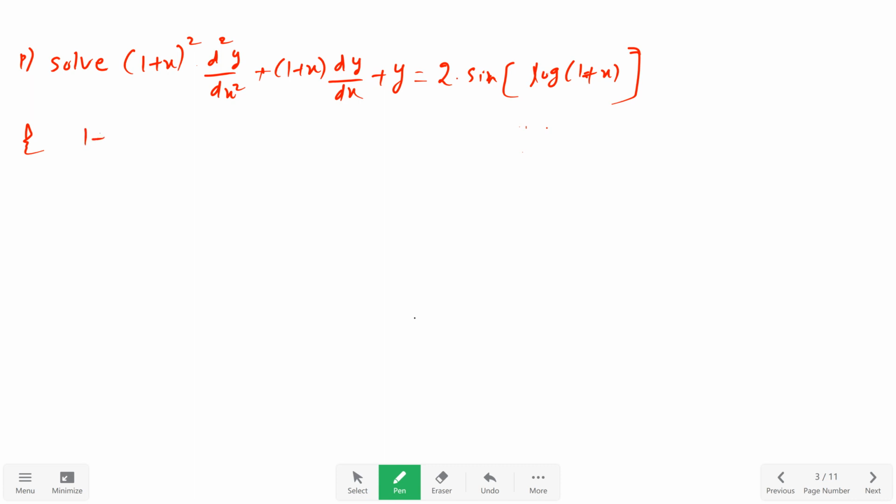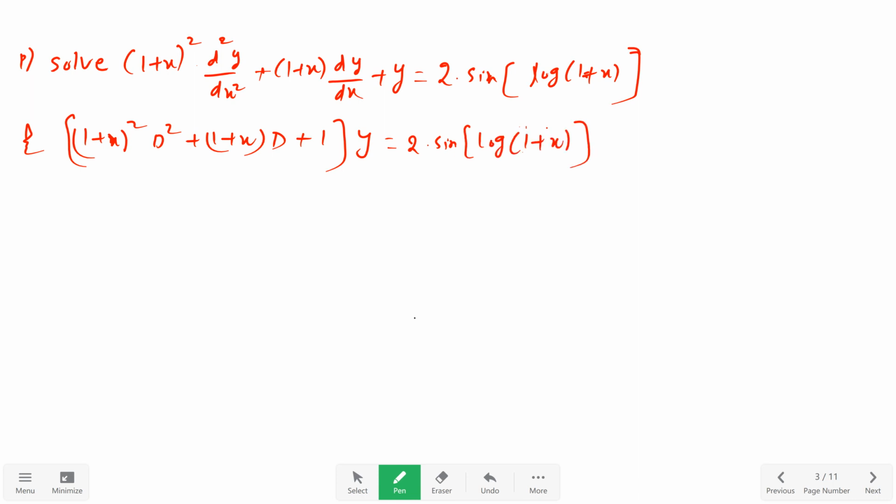The operator form is (1 plus x) whole square into D square plus (1 plus x) into D plus 1, into y, is equal to 2 into sine of log of (1 plus x). So this is the operator form of the equation. The given equation can be taken as equation 1.